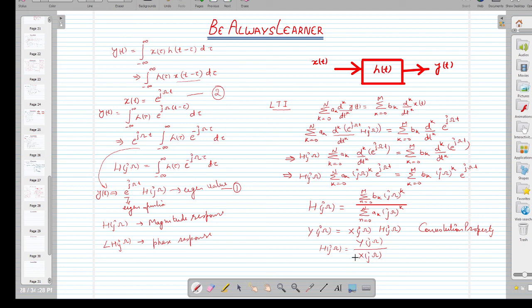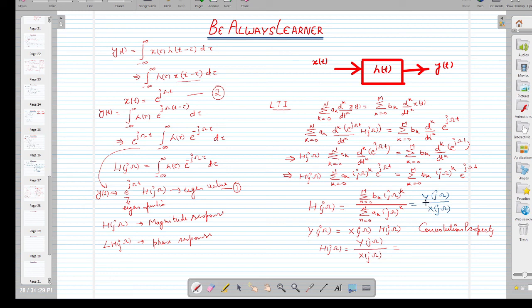Now Y, X and H are the Fourier transforms of y, x and h, which are functions of time. So we can also express this by this equation: H(j omega) is equal to Y(j omega) divided by X(j omega).